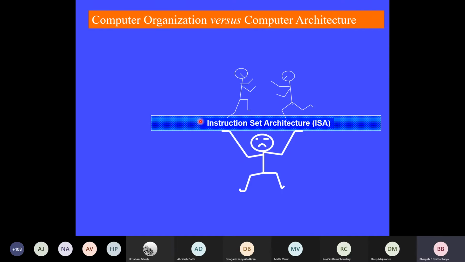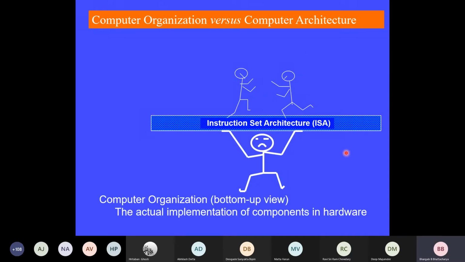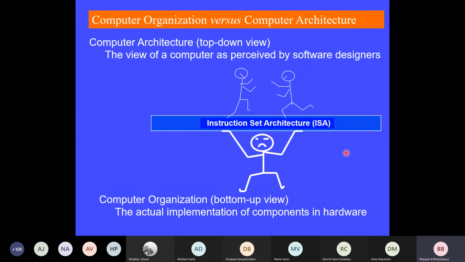This is the platform of instruction set on which the software engineers stand, writing their programs. So computer organization is nothing but a bottom-up view, the actual implementation of components in hardware, whereas computer architecture is the top-down view, the view of the computer as perceived by the software designer.